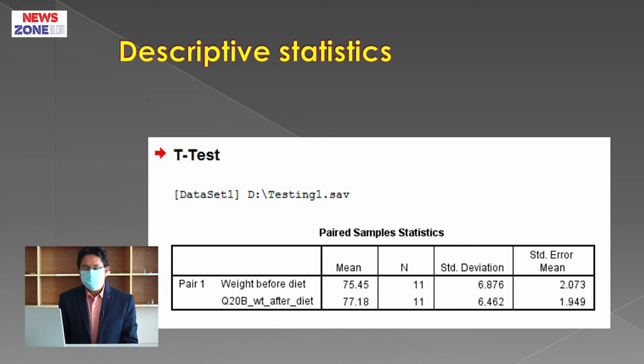In the next column it is n, or number of observations, it is 11 before and after both sides, and next one is standard deviation, it is 6 point something, and last column is standard error of mean. So, this is descriptive statistics.